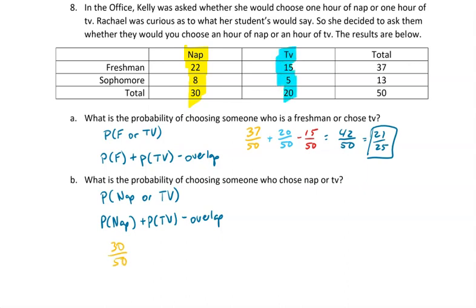For TV, it was 20 out of 50. Now in this case, there's no overlap. There's nowhere that the yellow and blue touch. So, minus 0. Add those up, we get 50 out of 50, or 1. Which makes sense because we didn't give them any other options, so everybody had to pick one of those two.